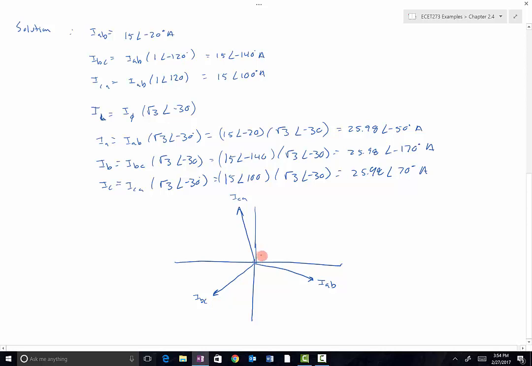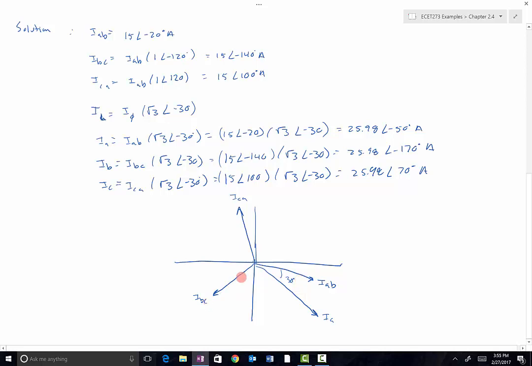So that's 120 degrees there, 120 degrees there, 120 degrees there. IA lags IAB by 30 degrees, so that's going to put IA down here. It's also larger in magnitude than IAB, so that's 30 degrees.